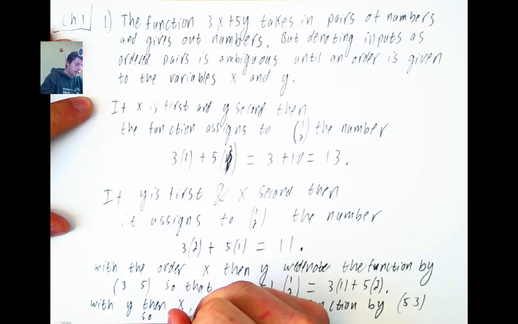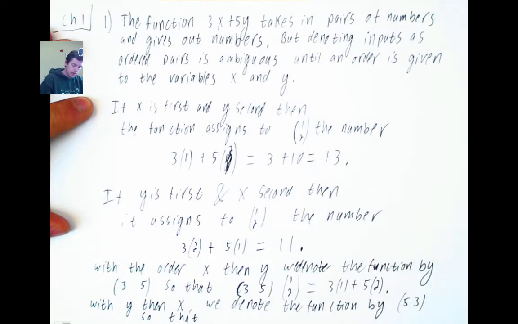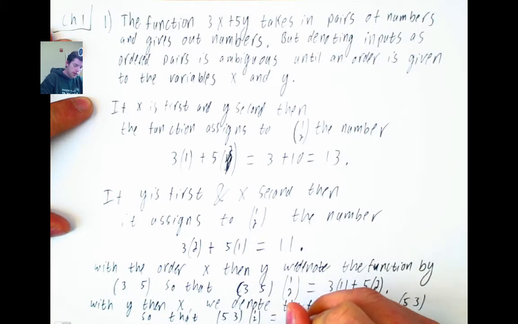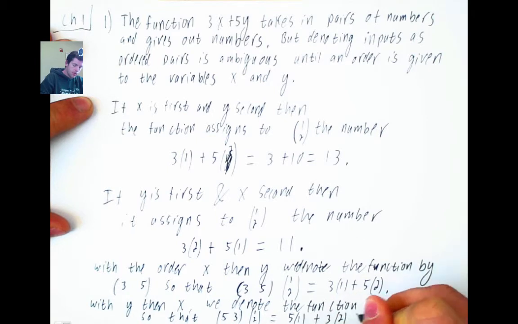So that 5, 3 takes in 1, 2, and gives 5 times 1 plus 3 times 2, which I already calculated. I guess I could have put a period mark there, but now that I've made this equal sign, I better put something on the other side.